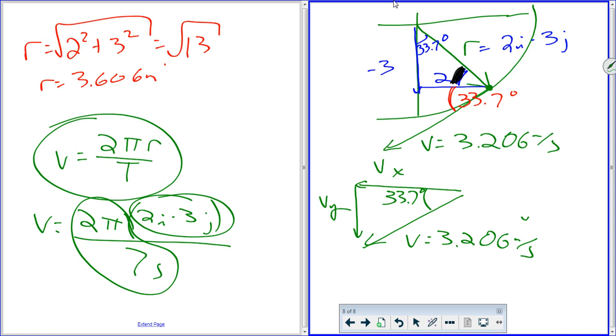What do you got, Sarah? Can we do another relative motion one? Sure.